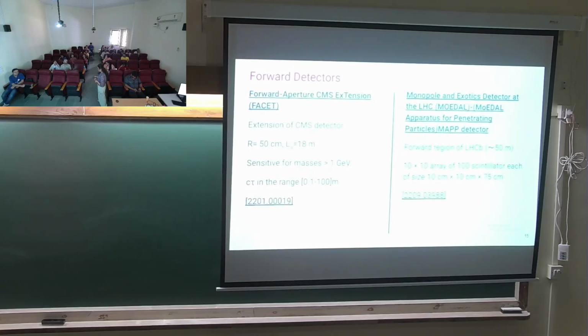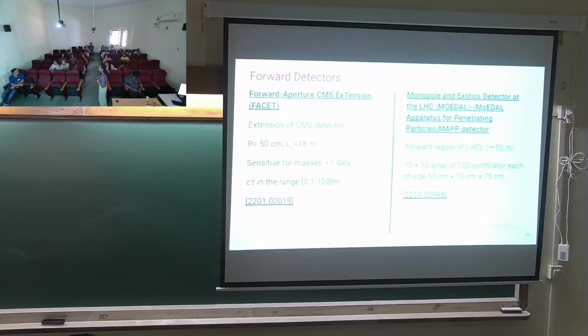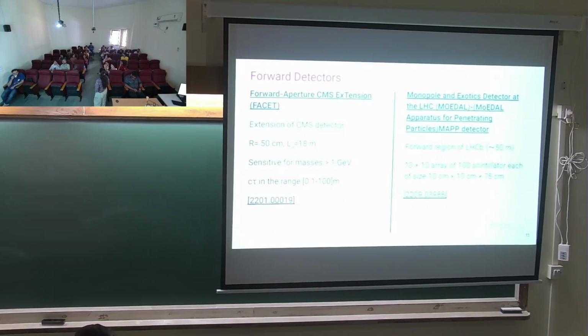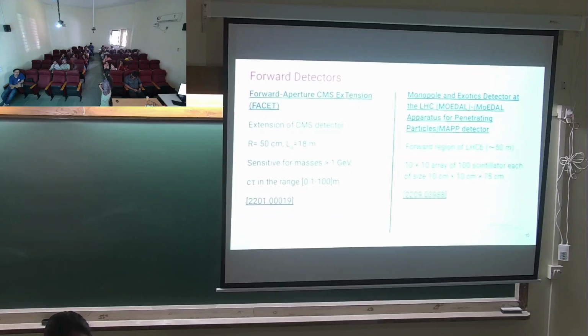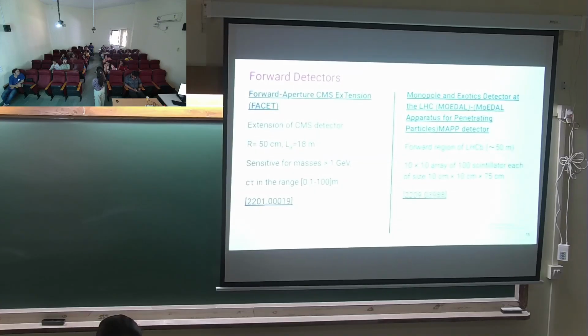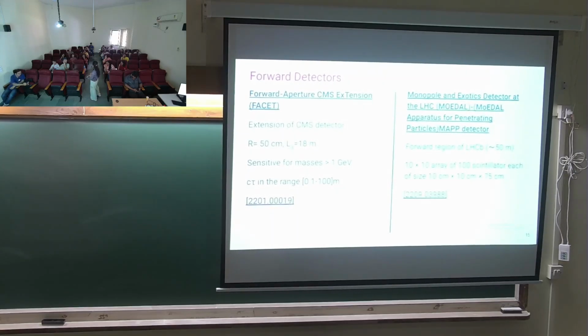Yes, but if you, LLP mass, yeah. So I don't know why it's sensitive for greater than 1 GeV. I need to look. Yes, but that's what the forward detectors are meant to look for. Yes, that will be higher for the light particle. And c tau in the range is 0.1 to 100 meters.